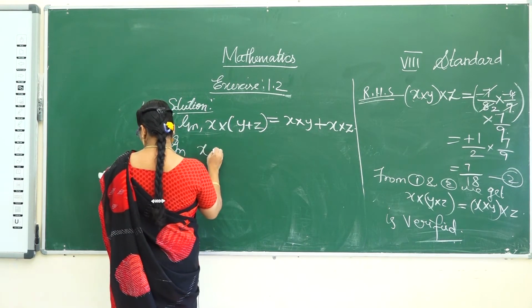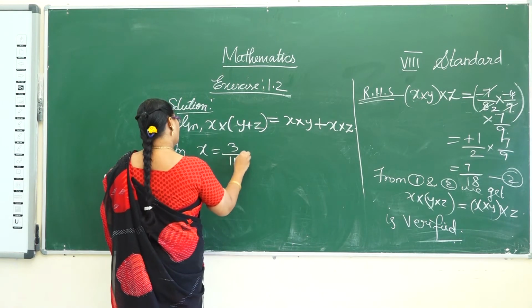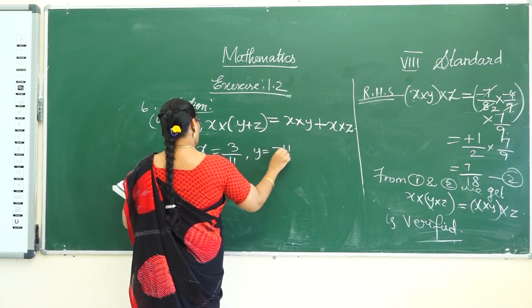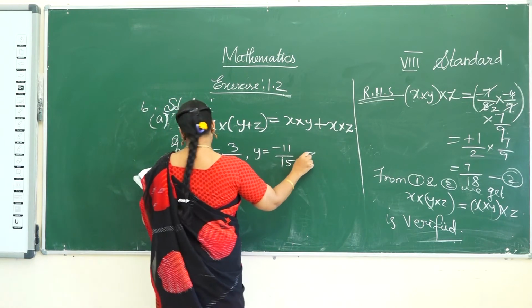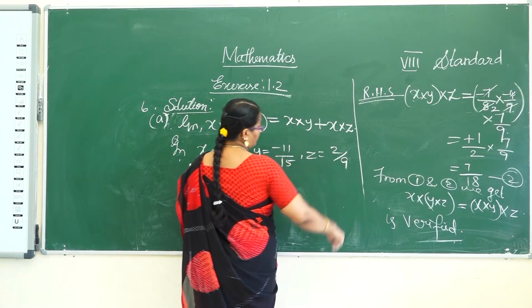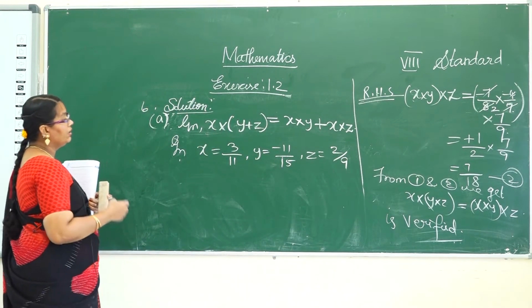The given x value is 3 by 11, y value is minus 11 by 15, and z value is 2 by 9.